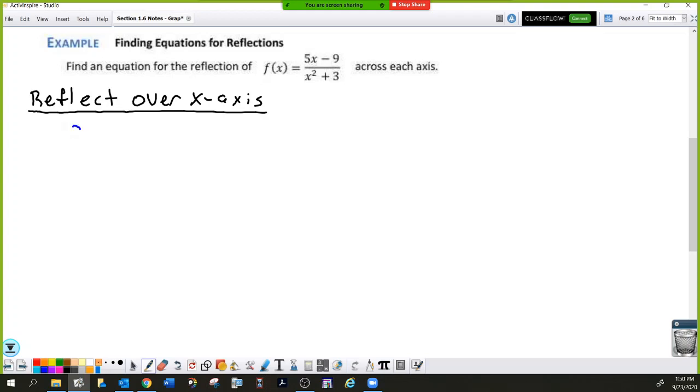So, okay, I had f of x, and f of x did equal this fraction. But then I had to put a negative sign on the front. Can we agree that I technically made the entire left side negative?